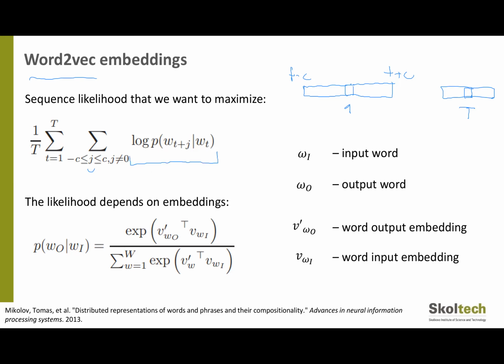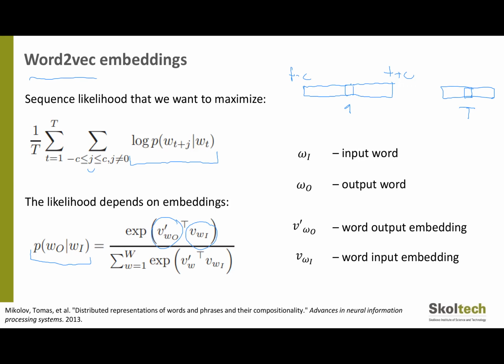For example, if we have embeddings of our words, we can say that we have one embedding for the input word and another embedding for the output word. In this case, we have the cosine similarity or scalar product to measure the correspondence between them.